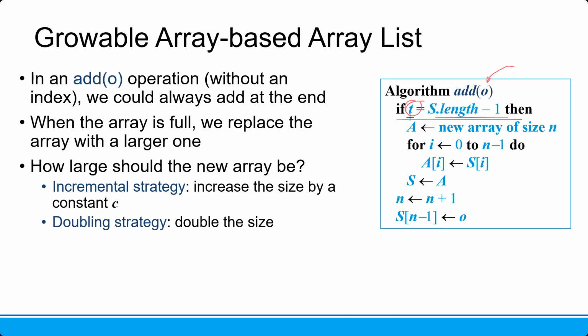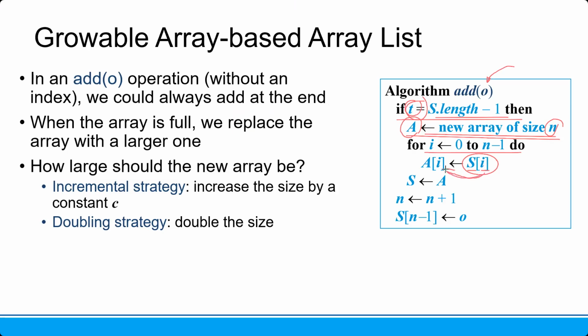This is just to know how big your array is. Then a is an array, let's assign a new array of size n. Then we do a loop from 0 until n minus 1, and for every i, s at index i is the previous array, let's move it into the new array.